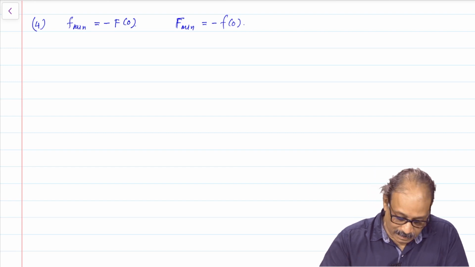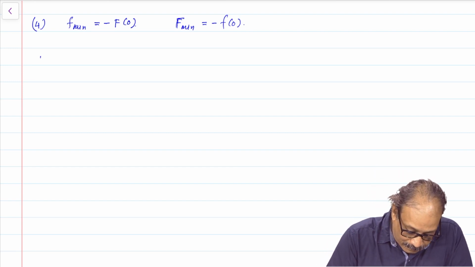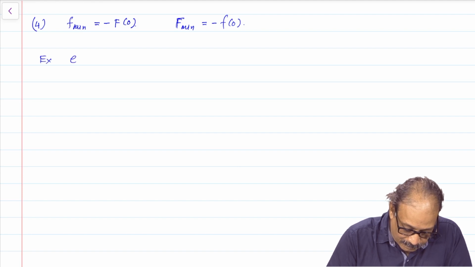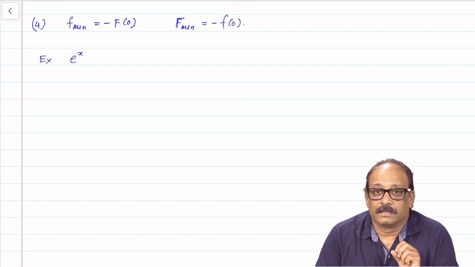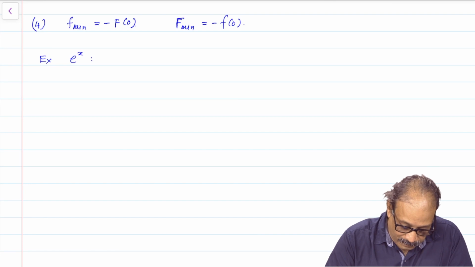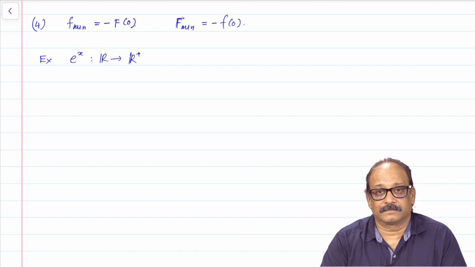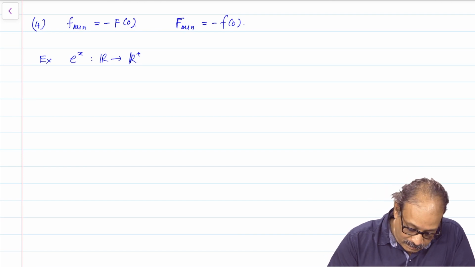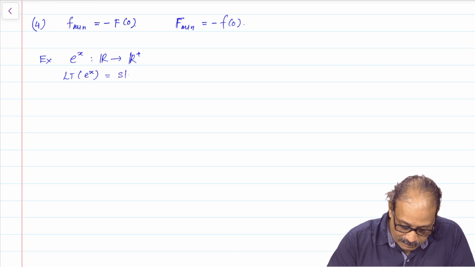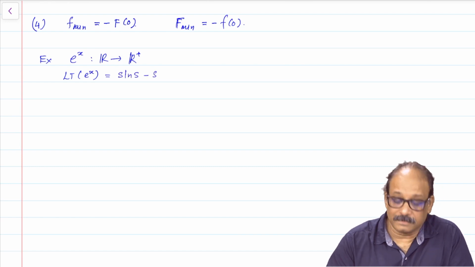We can immediately see an example. Remember, the e to the power x function is defined over the entire real line. So, this is a function defined over the real line to R plus. Its Legendre transform is s log s minus s.